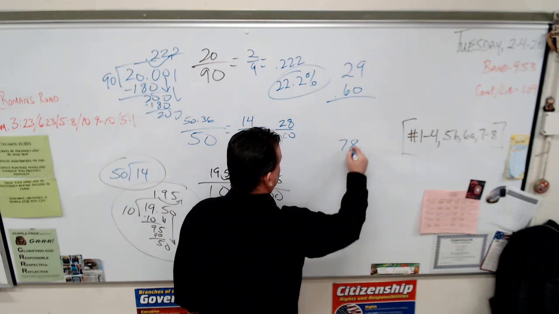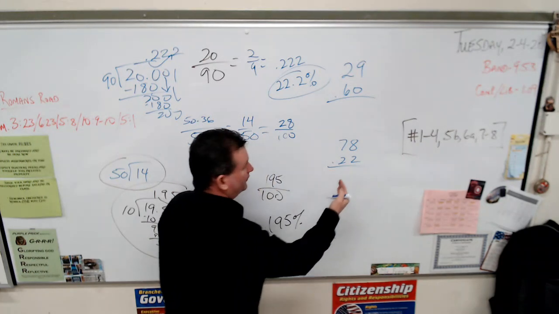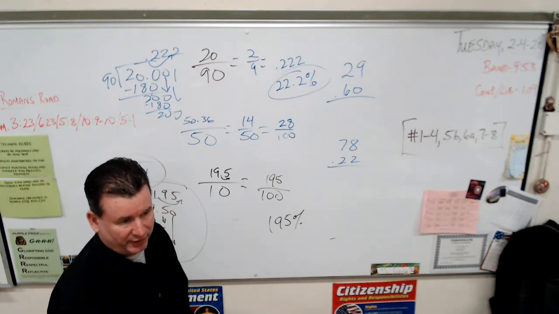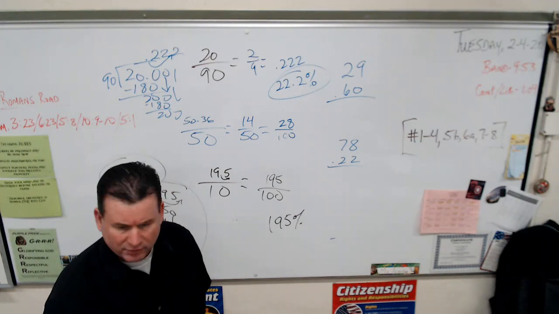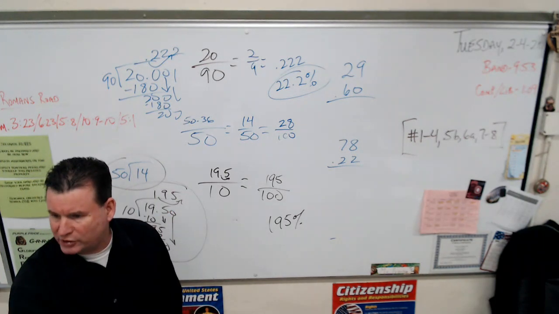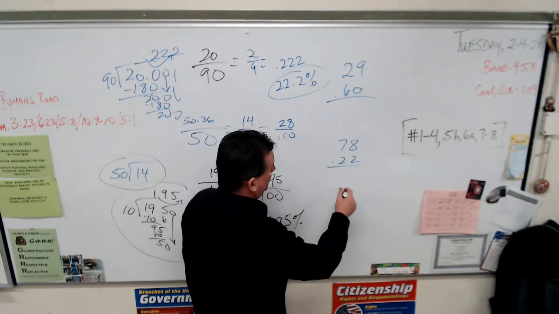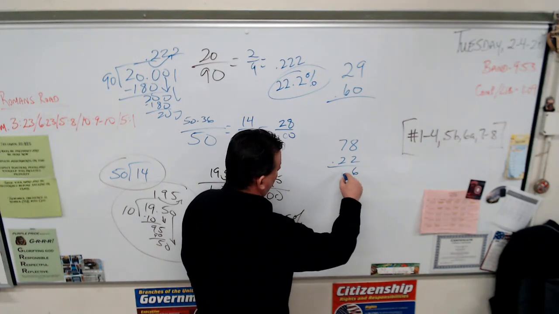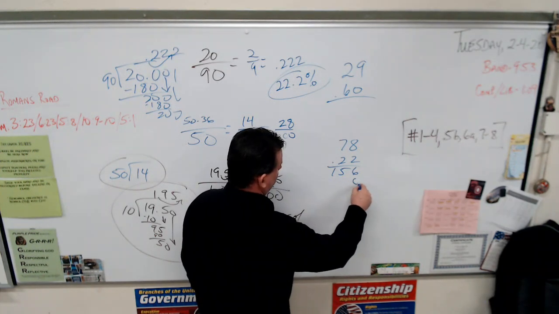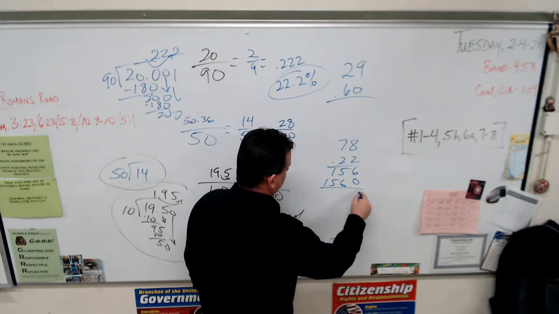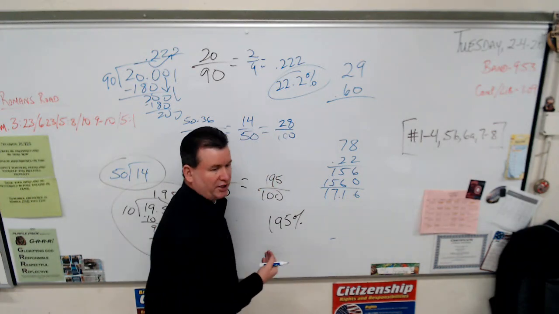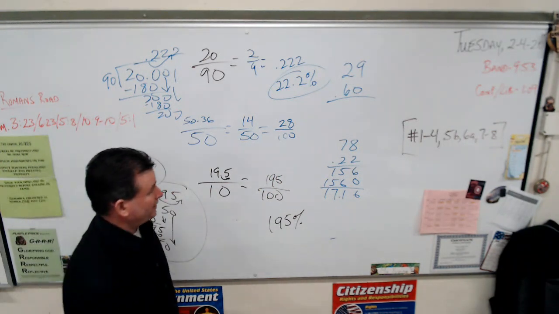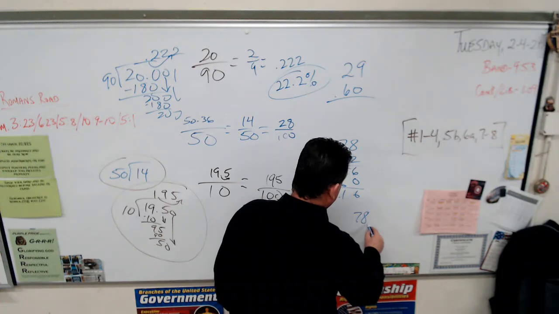Find 22% of 78 and subtract it from 78. This is the one we started with. So I'll do the whole thing. It's 17.16. So I have to take 78 and decrease it by 17.16.